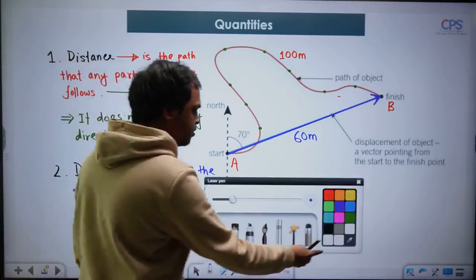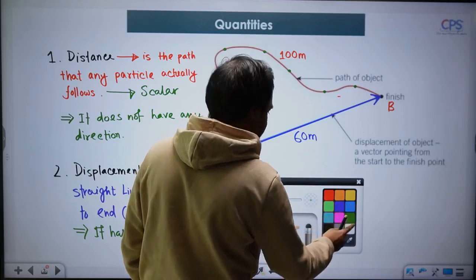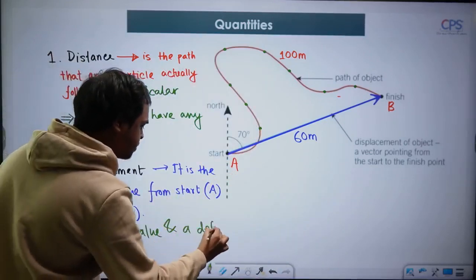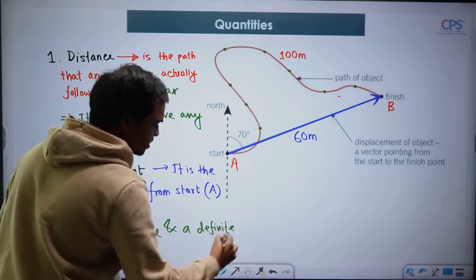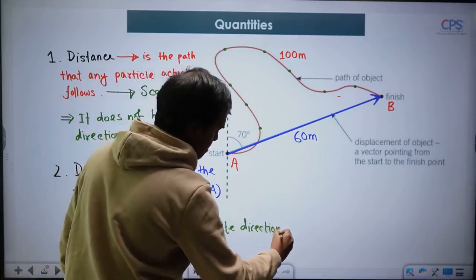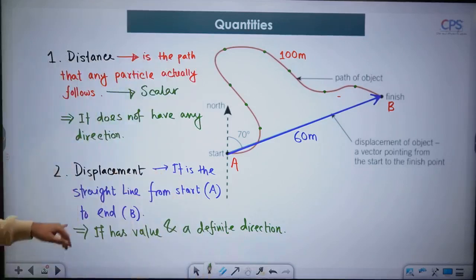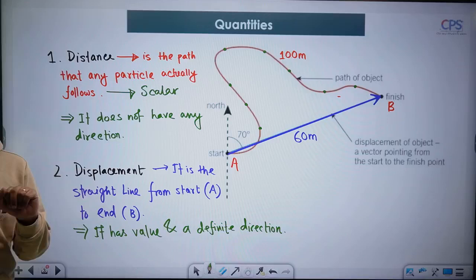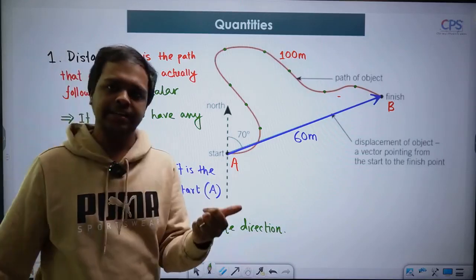So it has a value and a definite, specific direction. So this displacement has a value and a direction.